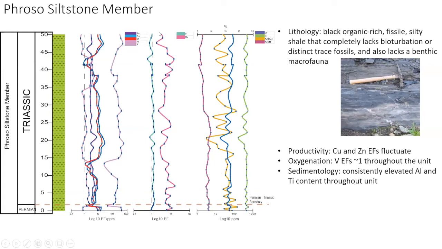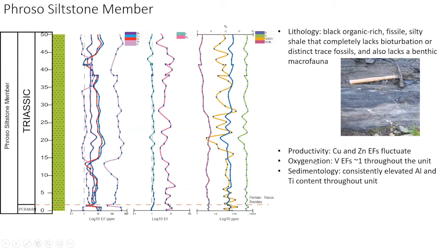In total, looking at lithology for the Phroso siltstone member, we're looking at black, organic-rich, fissile silty shales that completely lack bioturbation and distinct trace fossils, and also lack any benthic macrofauna. For productivity, we see that copper and zinc enrichment factors fluctuate throughout the entire unit.